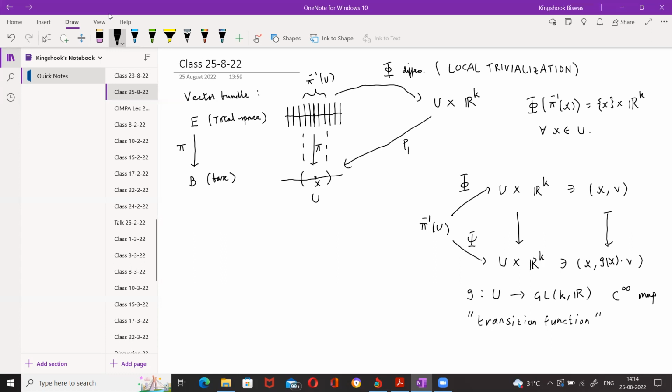So it doesn't matter which trivialization I use to define a vector space structure on the fibers. Therefore, for all x in the base, pi inverse x has a natural vector space structure.